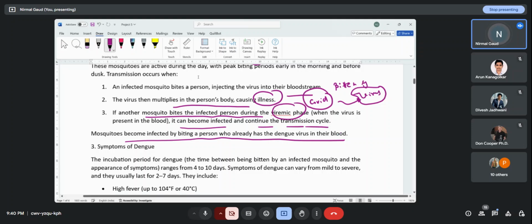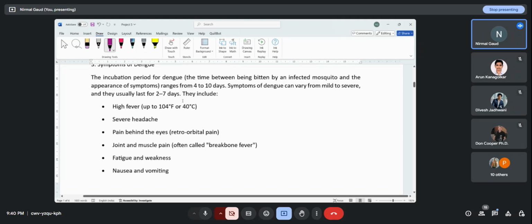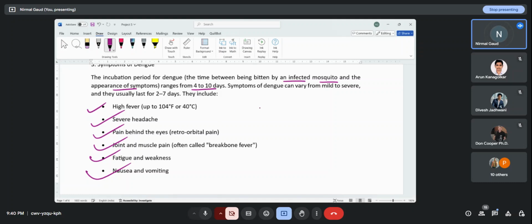The symptoms of dengue. Okay, the time between the bite of the infected mosquito and the appearance of symptoms is 4 to 10 days. High fever, headache, pain behind the eyes, joint and muscle pain, fatigue and weakness.